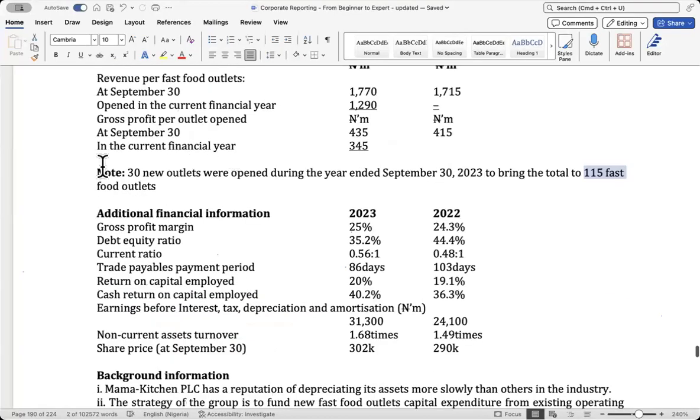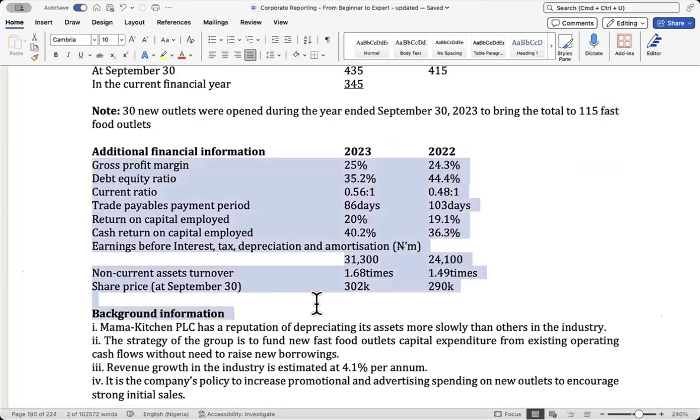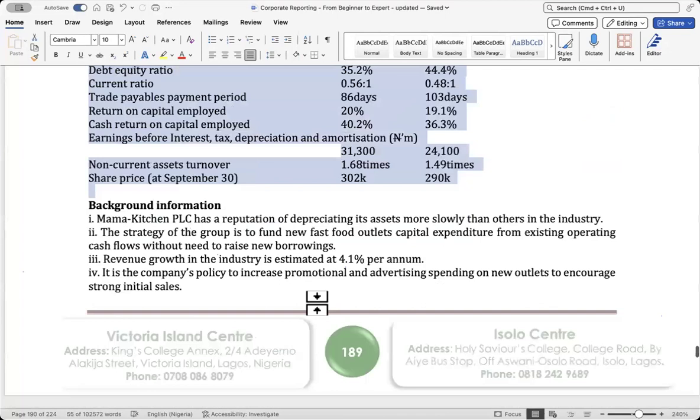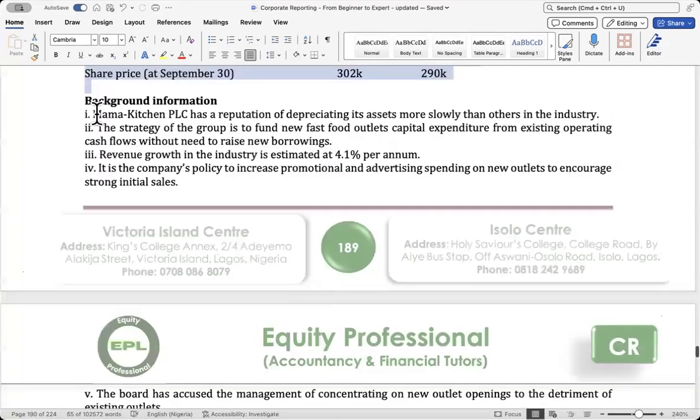So they gave me some ratios. They now gave me additional background information. They said Mama Kitchen has a reputation of depreciating its assets more slowly than others in the industry. That's an information.